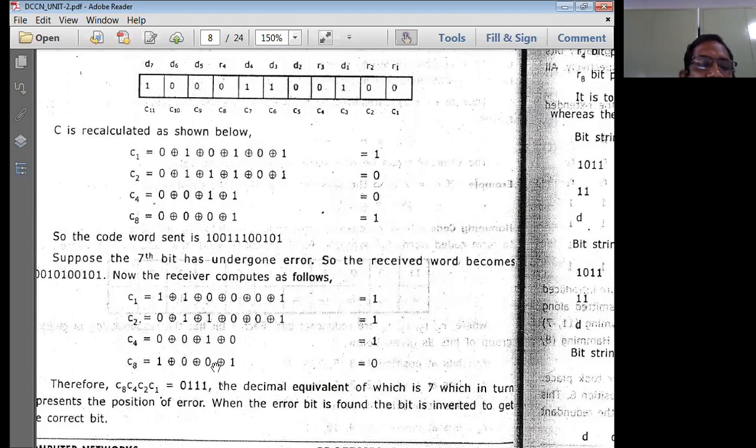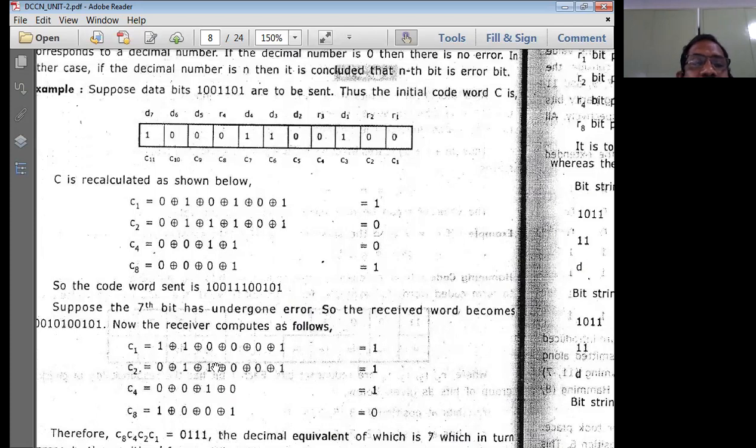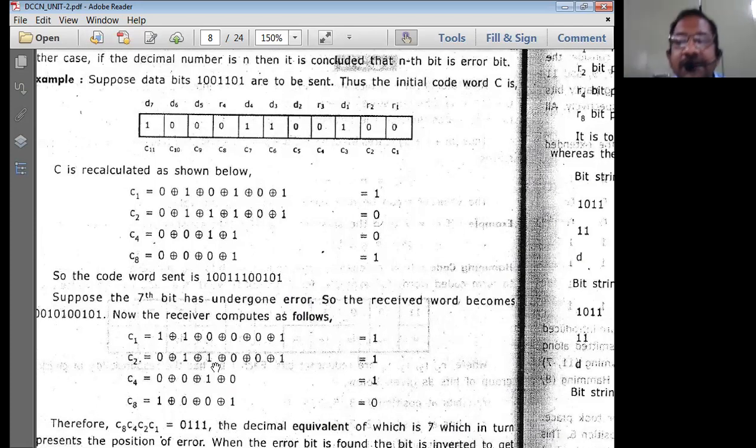So like this, we simply find out the error. This method explains that whenever any one of the data bits is corrupted, it can be easily corrected by the receiver, so the receiver doesn't ask the sender to retransmit the same bit frames.